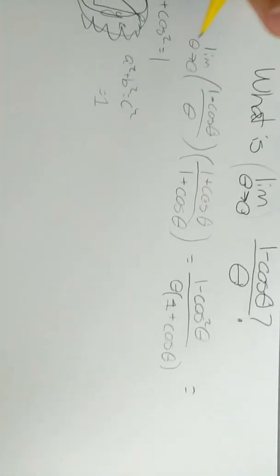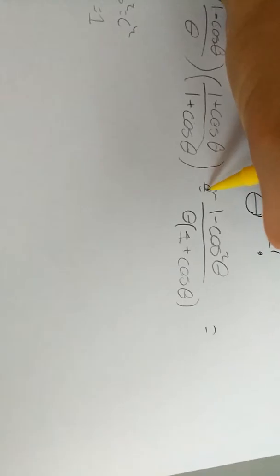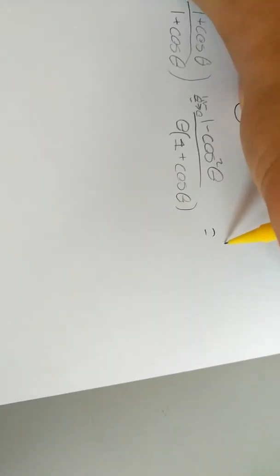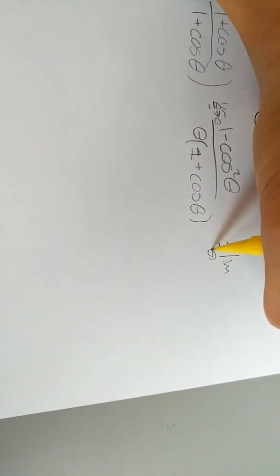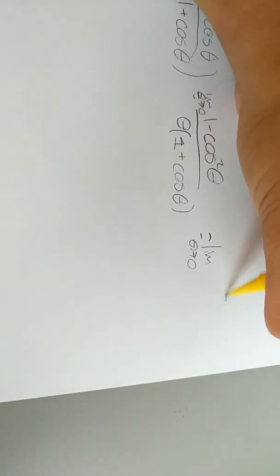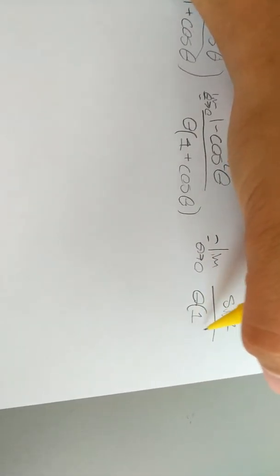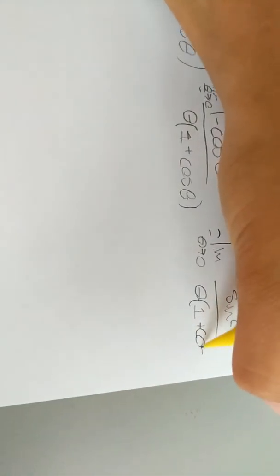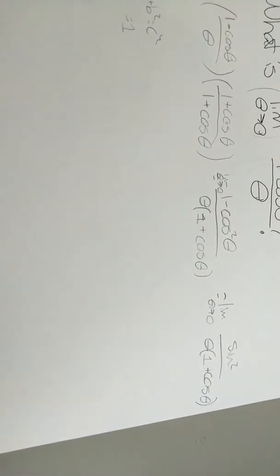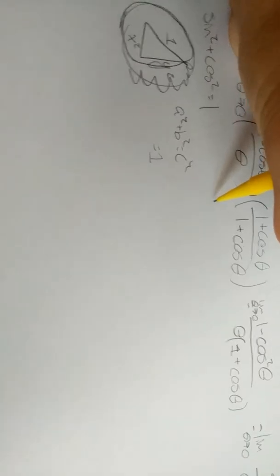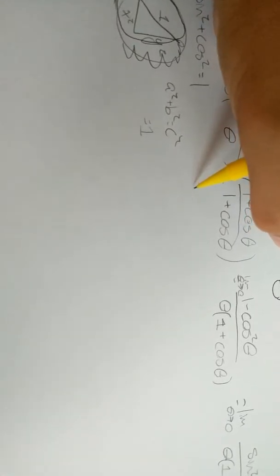Moving on with this problem, I can write the limit as theta goes to 0 of sine squared theta over theta times 1 plus cosine theta. Now, what I'm going to do here is pretty interesting. I'm going to break up this fraction into different parts, and you're going to see why in just a sec.